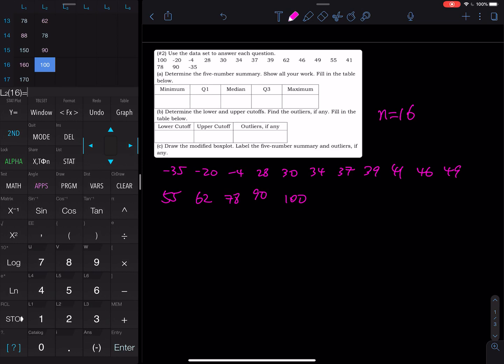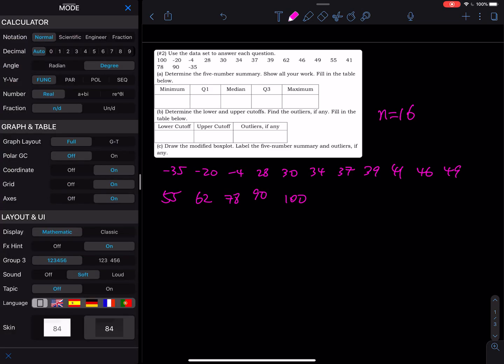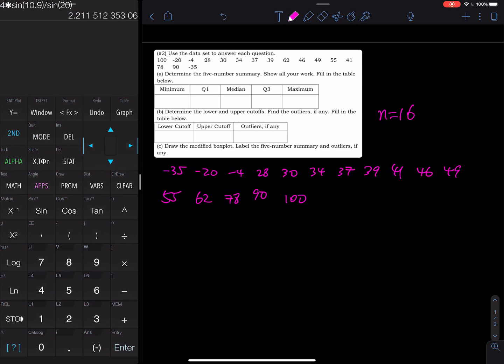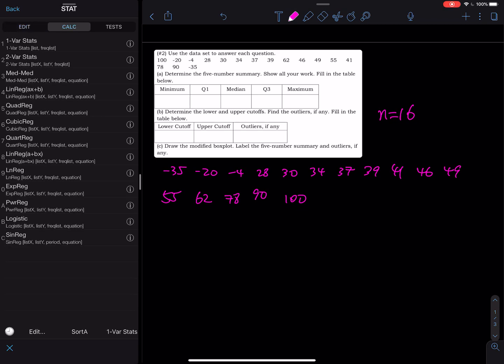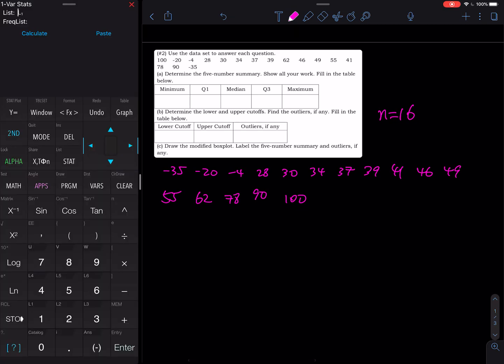So before we do the work by ourselves, let's ask the calculator to do it. Second mode, quit. Second mode, and then we go to STAT, CALC, one-variable stats, L2, second 2, frequency list, we enter nothing.